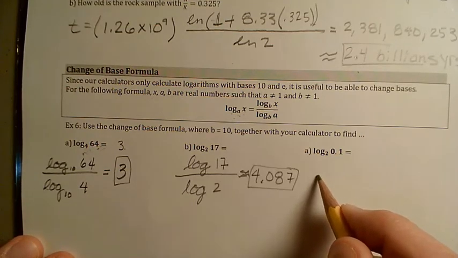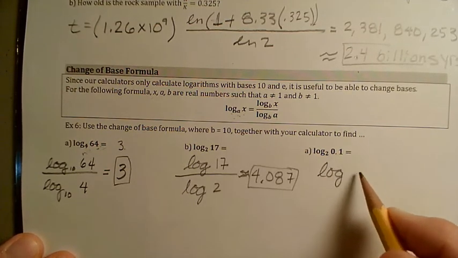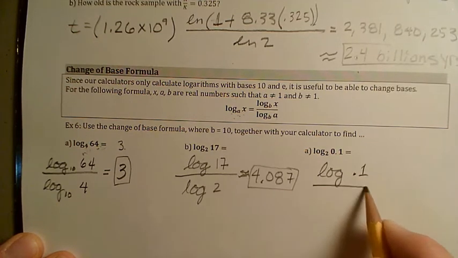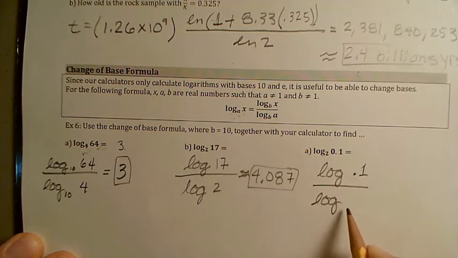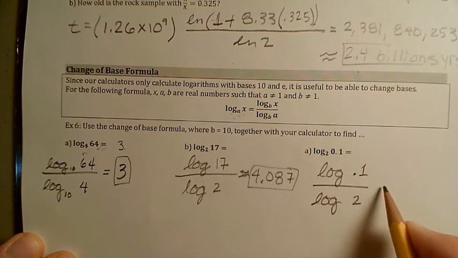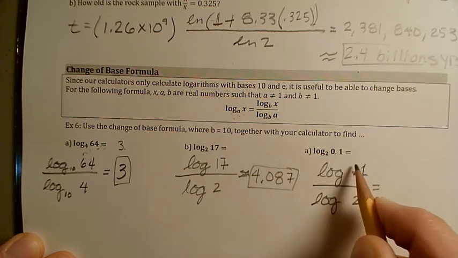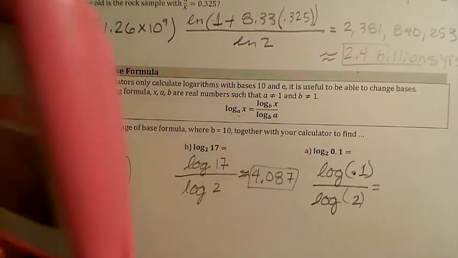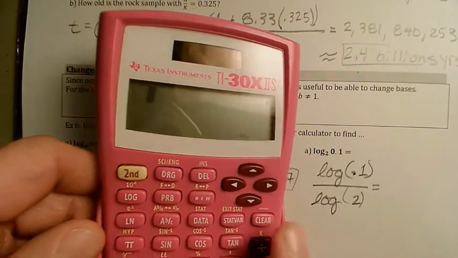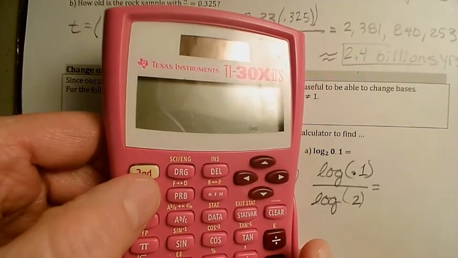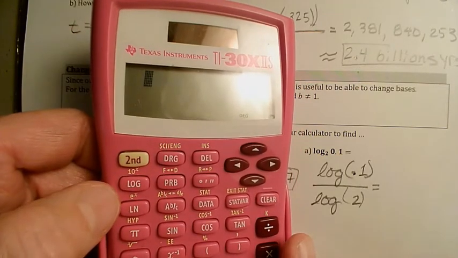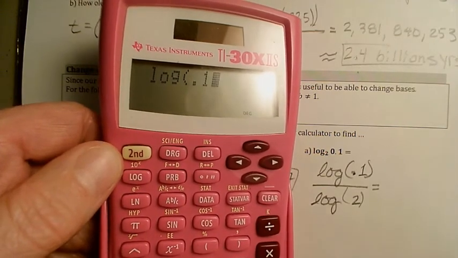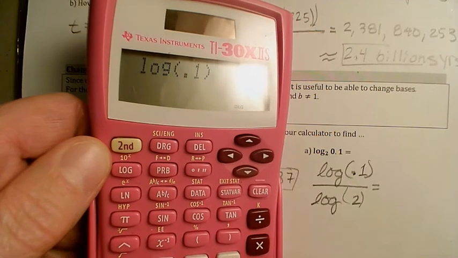All right, and then the last one. Again, we can do log base 10 of 0.1 divided by log base 10 of 2. Okay, and let's do that in our calculators. So we do common log, and again, you could do natural log as well. Maybe on this one, I'll do them both ways. So log of 0.1, of course, we know what that is equal to.